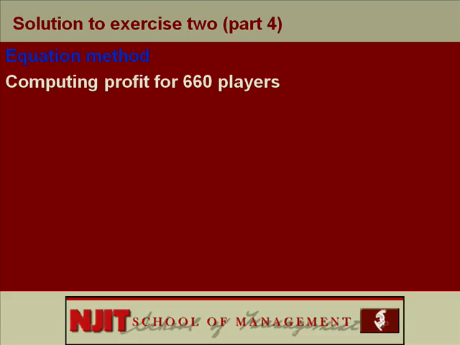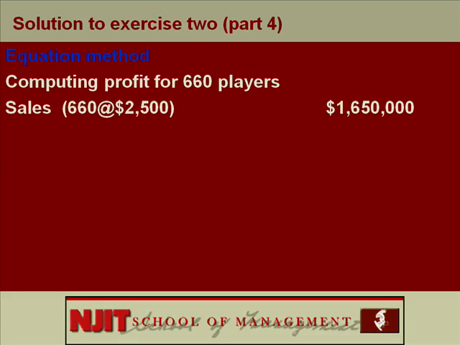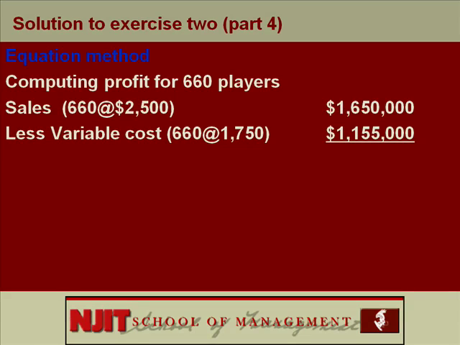So go back to basics. Sales is 660 players at 2,500 per player, which is 1,650,000. Variable cost 660 at 1,750 per player, 1,155,000.